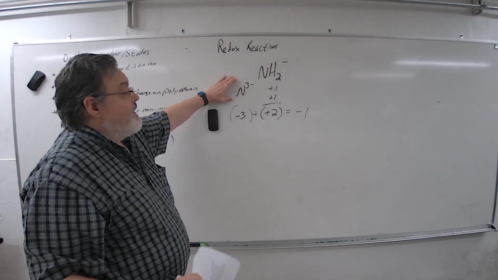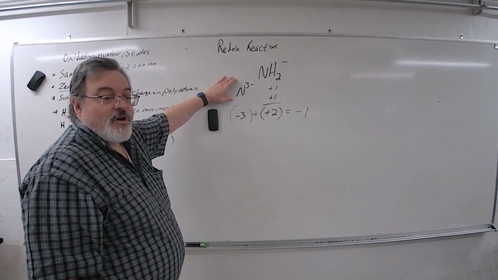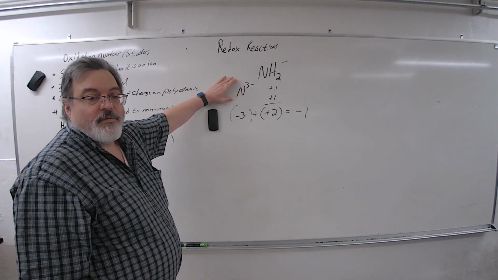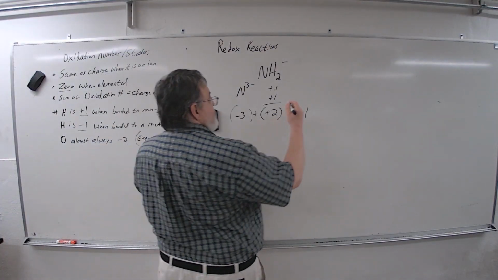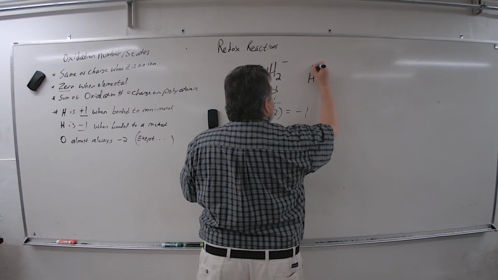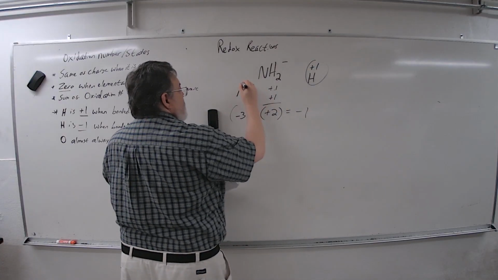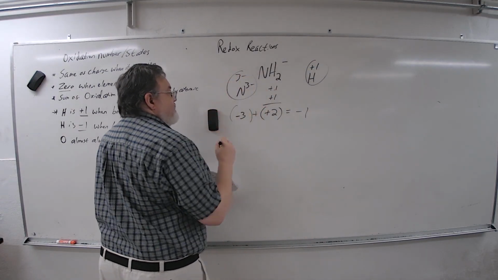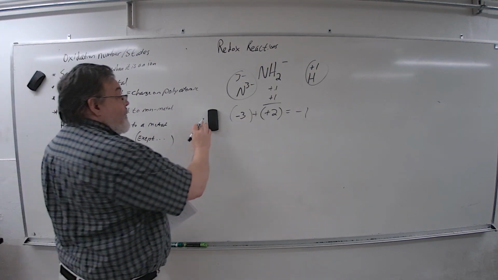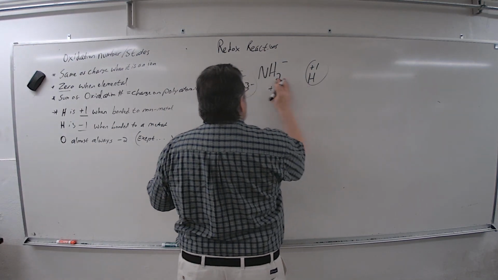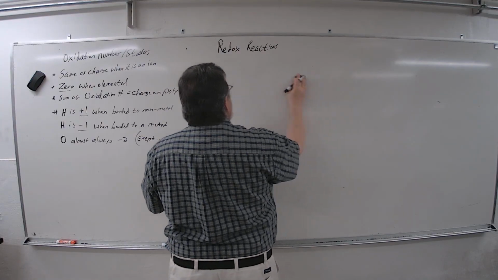If you were just looking at a periodic table and trying to figure out what's the charge on nitrogen, you'd come up with -3. So that's another way to come up with this. So in this case, hydrogen is +1, and nitrogen is 3 minus in this compound. Like I said, this is how we figure out where the electrons go in redox reactions.